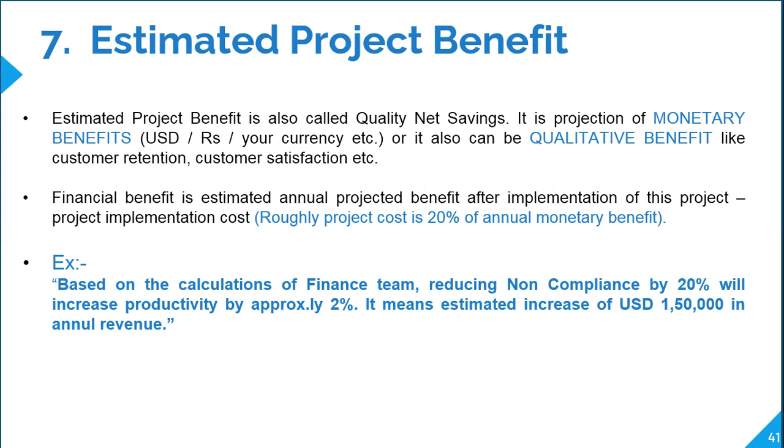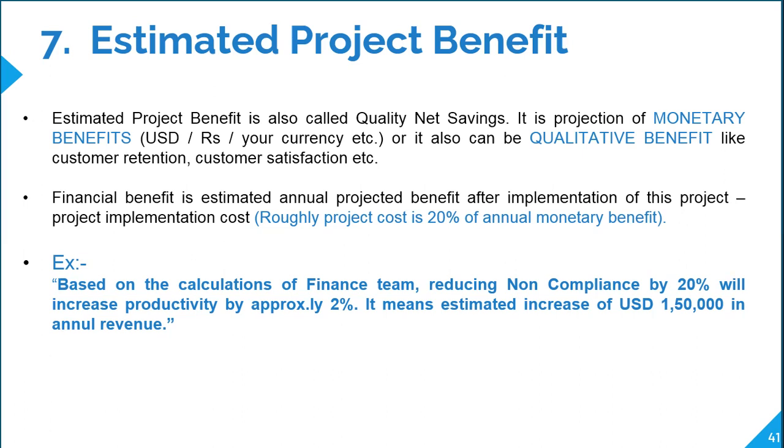The finance team will do the projections of the benefit of this particular project on an annual basis. But that is not the only thing they do. They subtract the cost associated with this given project, because the efforts of the individual team are involved in this, right? So that cost they subtract, for say 3 to 4 months.